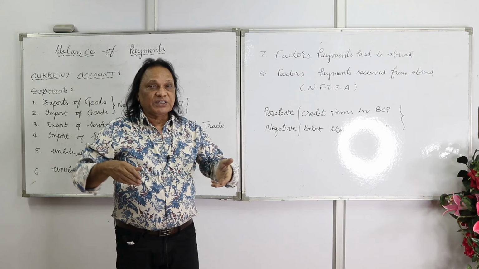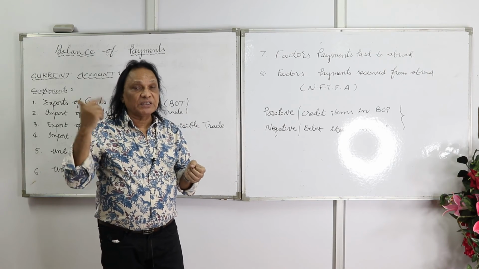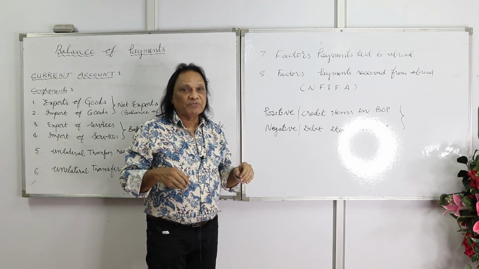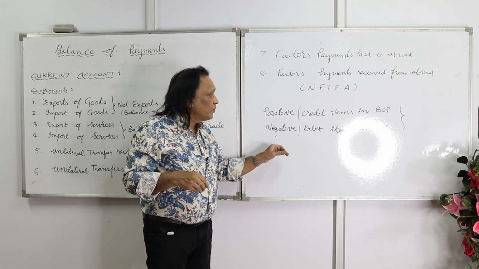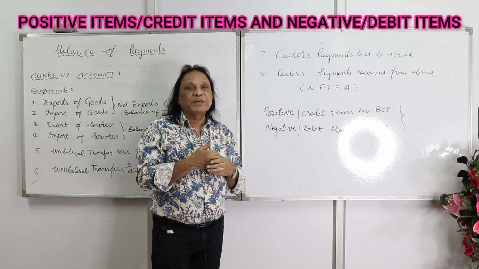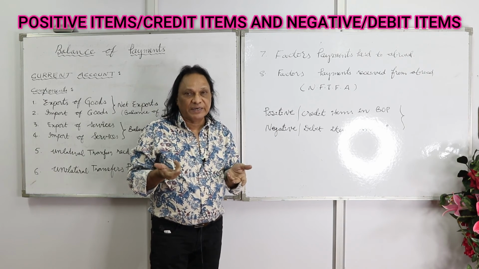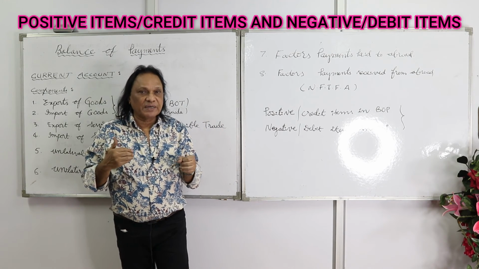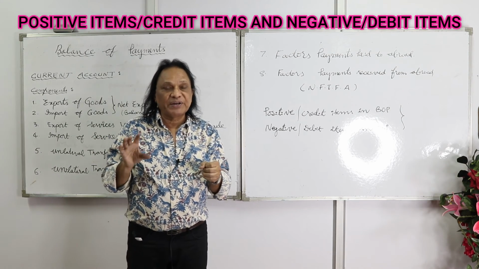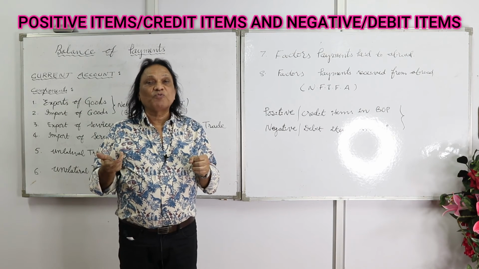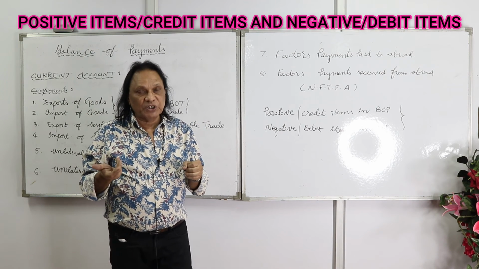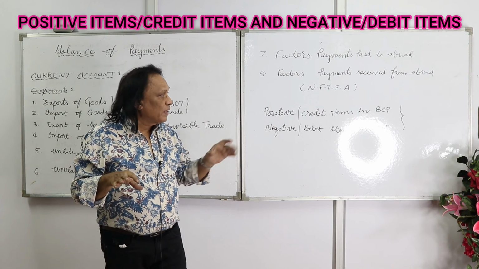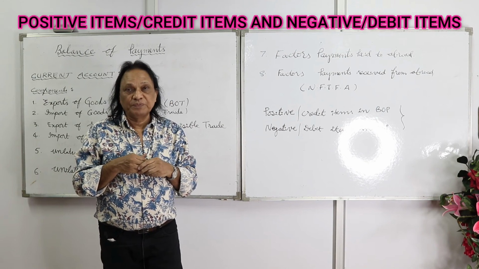Whenever we pay foreign exchange or dollars to other countries for importing goods, we write it as negative items because the dollars or foreign exchange has gone from the country. We call it a debit item in balance of payments, a negative, minus item. So keep in mind, whenever the dollars come inside the country, we call it a positive item or credit item. Whenever the dollars or foreign exchange go outside the country, we write it as a negative item or debit item in balance of payments.